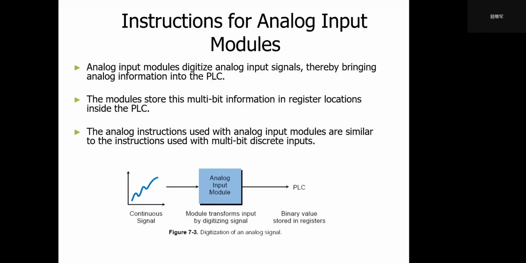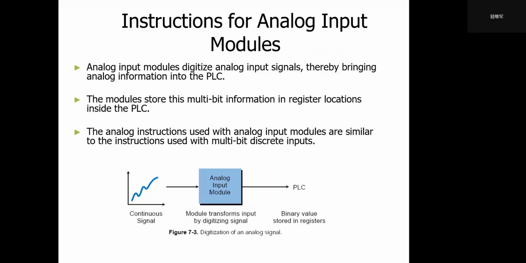If we want to use the analog input signals, we need to use analog input modules. This module translates analog signals to discrete signals. Analog input modules digitize analog input signals, thereby bringing analog information into the PLC.